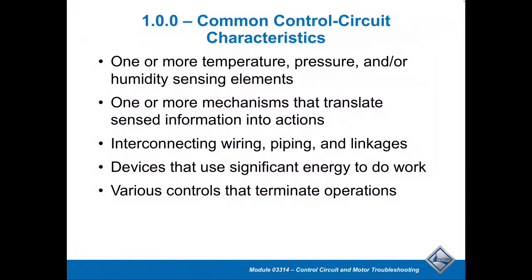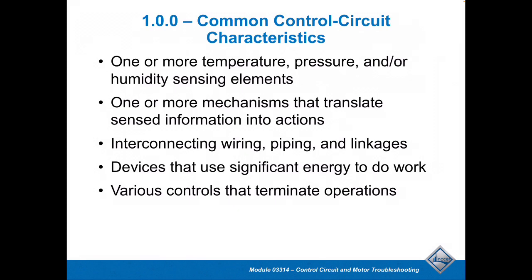That might be to turn the furnace on, enable a compressor stage, or allow an economizer to operate. It could also be to stop a fan or a compressor from operating because of a safety. Those are all things that typically would happen here.